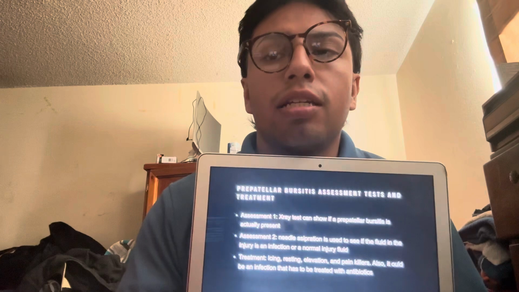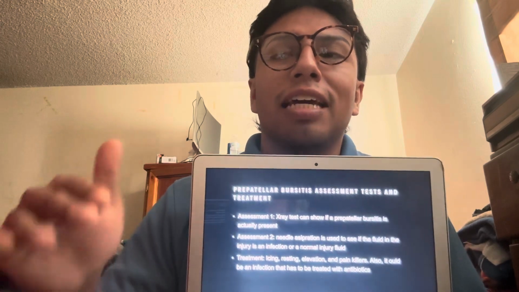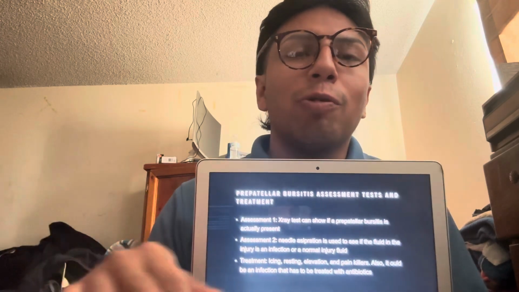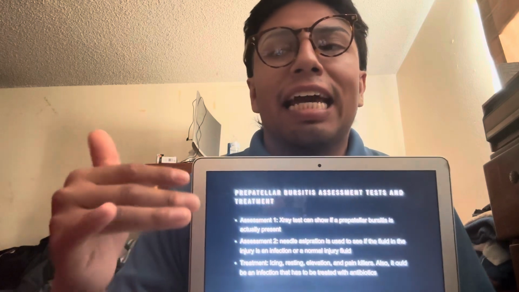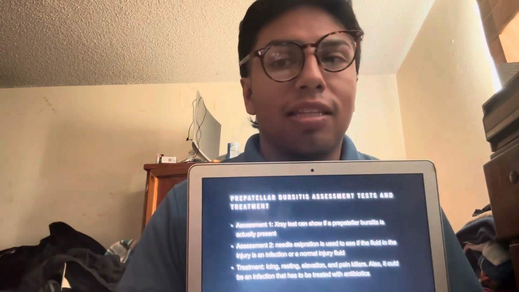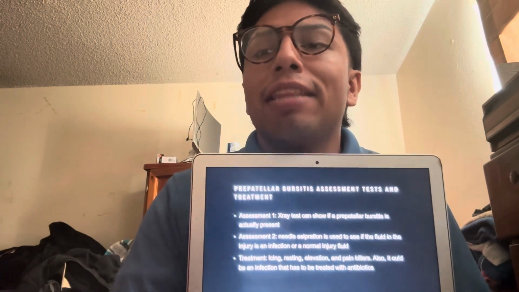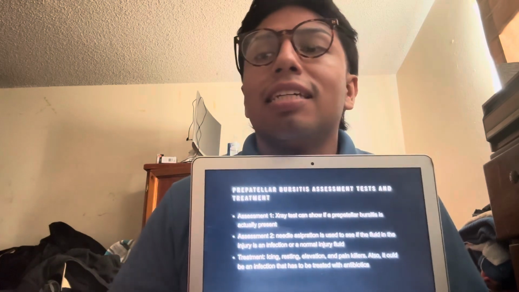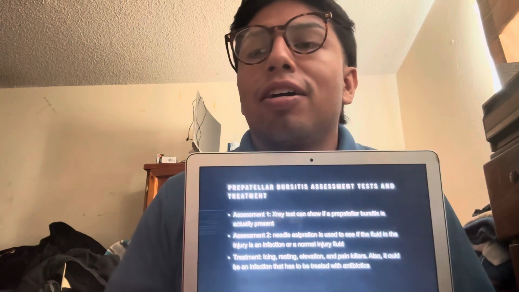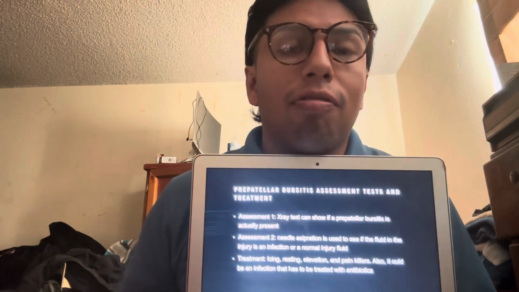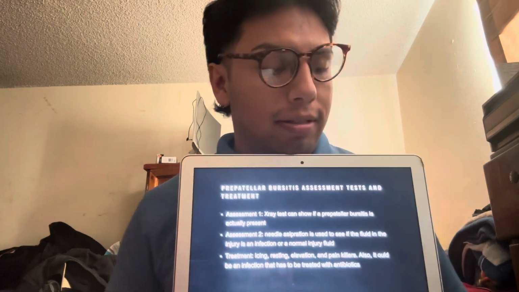The second assessment would be a needle aspiration, used to see if the fluid inside the injury is normal fluid or infected. And the treatment for this would be icing, resting, elevation, and painkillers. Also, antibiotics if you are infected.